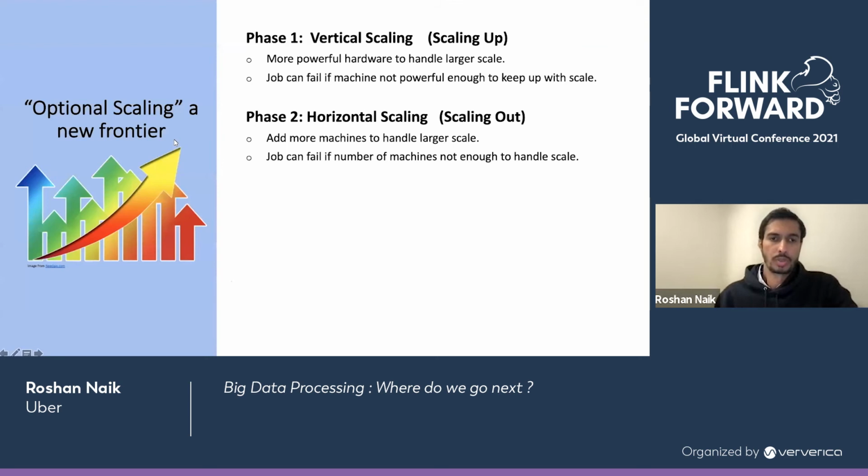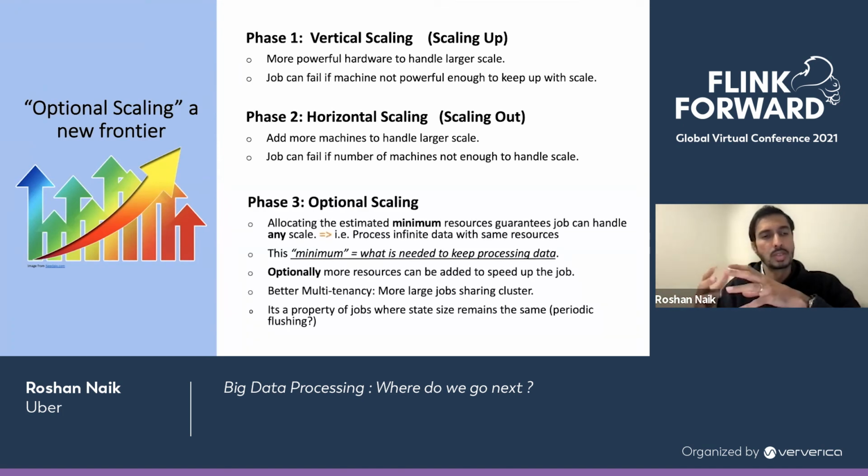Let's talk about optional scaling, a term that I briefly introduced in an earlier slide. In distributed computing, we've gone through those phases of vertical and horizontal scaling, where you would either have to add more powerful machines to keep up with the scale or the job would fail, or the alternative was to add more machines to keep up with the scale or the job would fail.